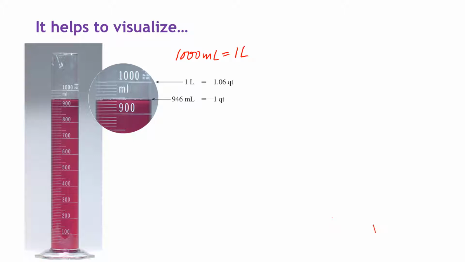Now, let's say we wanted to express a milliliter in terms of liters. One thing that could help us is to see that a single milliliter is actually a tiny fraction of a liter. So it follows that 1 milliliter is going to have to be equal to something smaller in terms of the liter. And in fact, it is. What is it? It is 10 to the negative third liters.